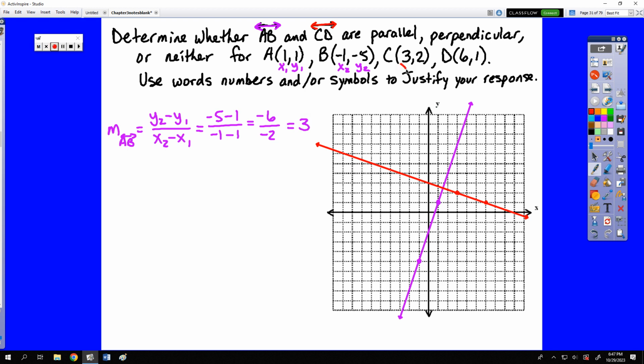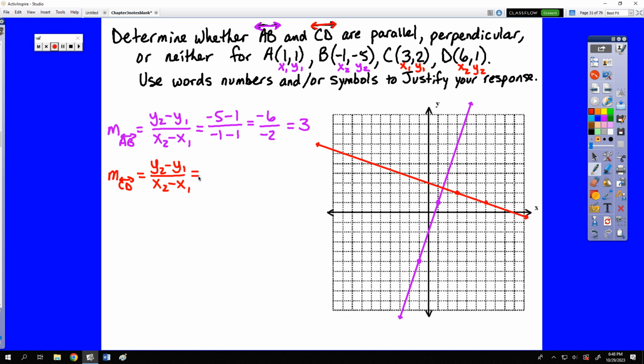We will then repeat those steps with C and D to find the slope of CD. So we label our 2 points C and D as x1, y1 and x2, y2. And again, we're going to plug those into the slope formula, which again is from our first video, something that should be memorized by everyone.